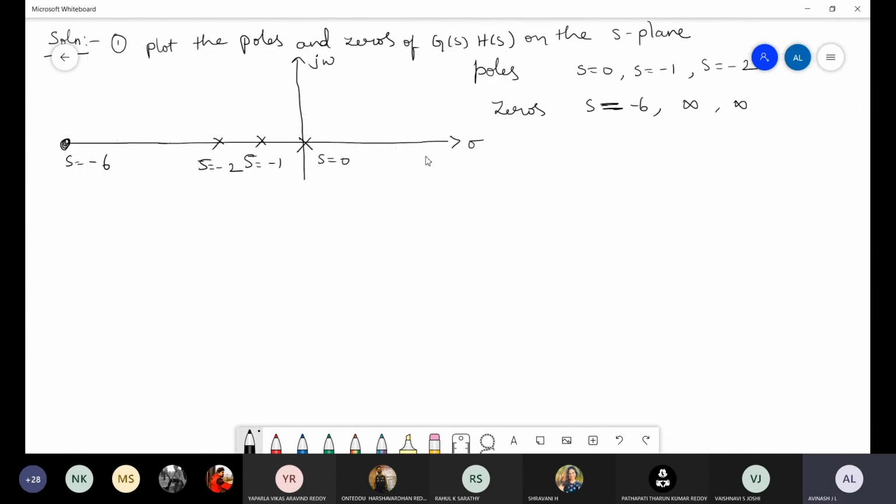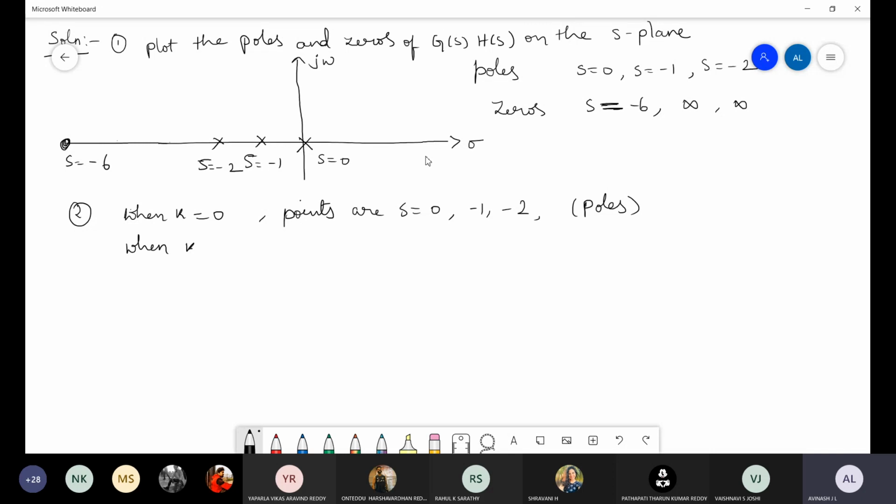So we'll go to the second step. What is the second step? When k equals 0, the points to consider are s = 0, -1, -2. That means we consider the poles.